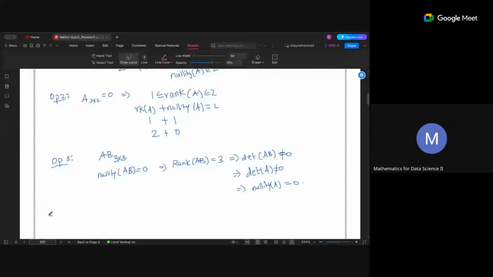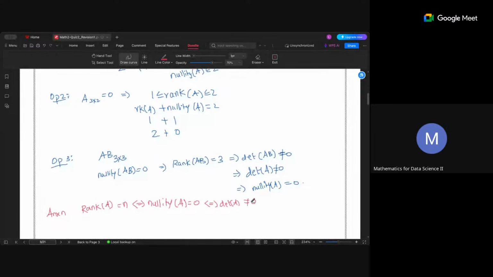If you have an n by n matrix, the rank of A equals n if and only if the nullity of A is equal to 0, if and only if the determinant of A is non-zero.